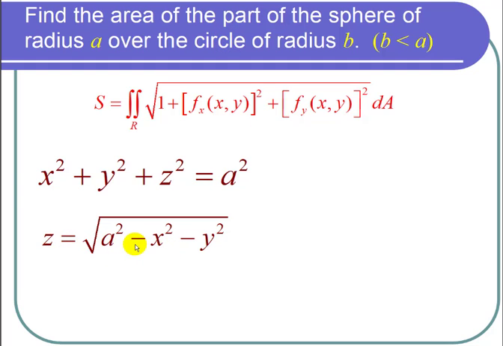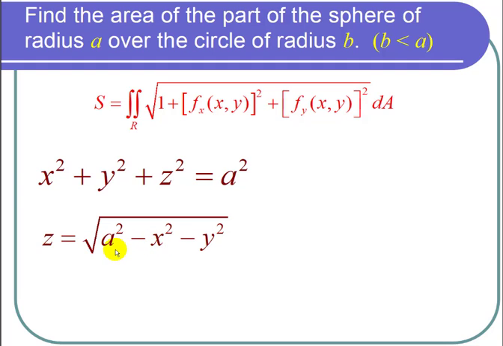So z is positive. So now I take some partial derivatives with respect to x and with respect to y. To take the partial derivative with respect to x, I use a chain rule. The partial derivative with respect to x of a squared minus x squared minus y squared is negative 2x.